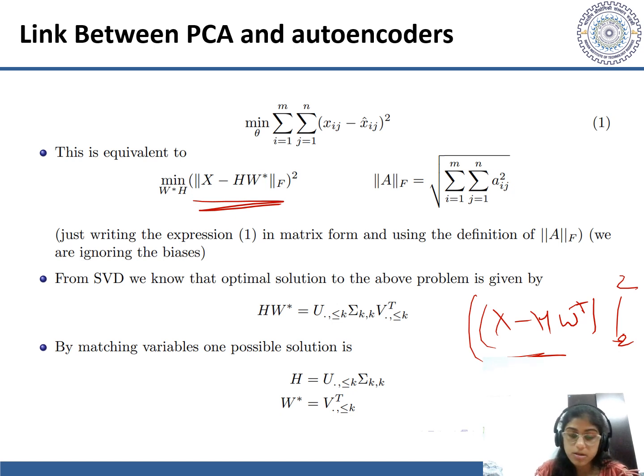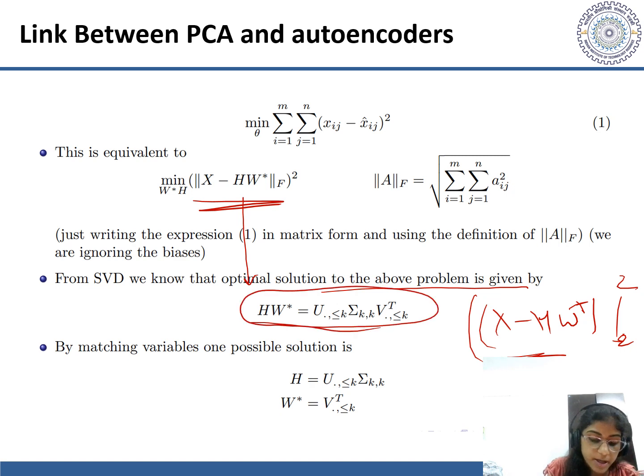From the SVD theorem, I know that the minimum solution possible is when HW star is equal to the SVD of the matrix up to the k most important vectors, eigenvectors or the eigenvalues: U k less than equal to k, sigma k cross k, and V transpose less than equal to k.